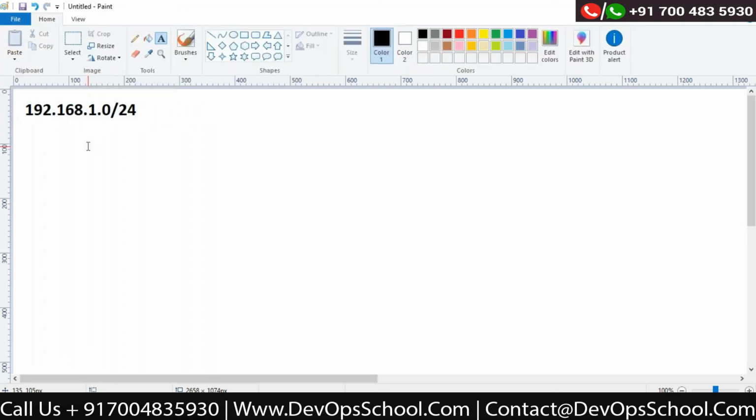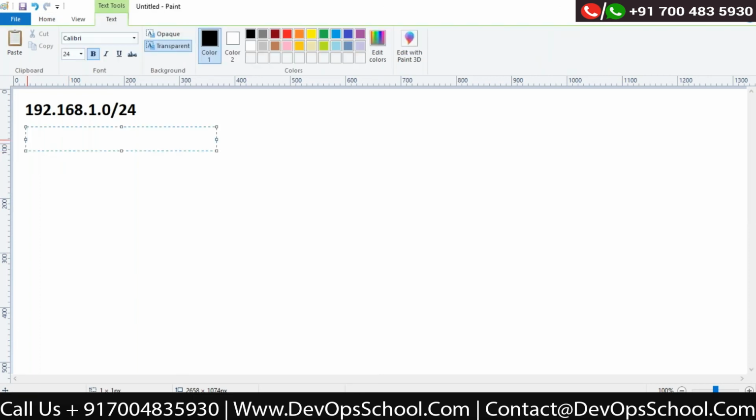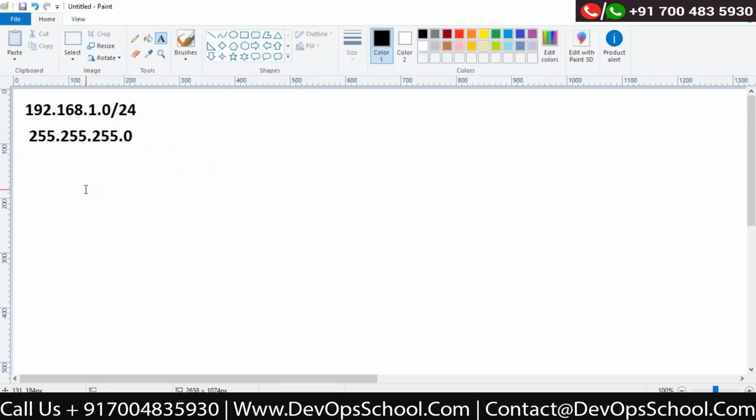The number of hosts would be very small, so it would be very easy to understand. So this is my default class C network which we have. We do have the subnet mask of 255.255.255.0. Correct?